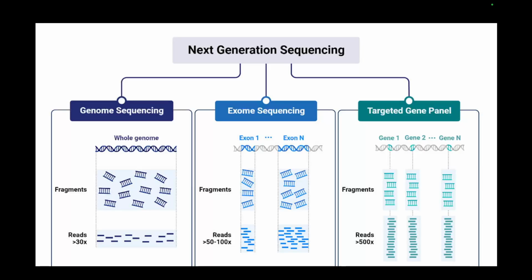But keep one thing in mind, the amount of exome in a human genome is very low. It's close to 1% of the whole genome. So the amount of DNA that actually codes for a protein is very low.